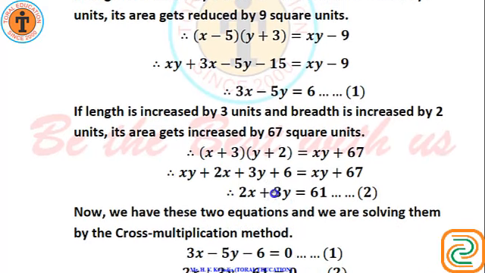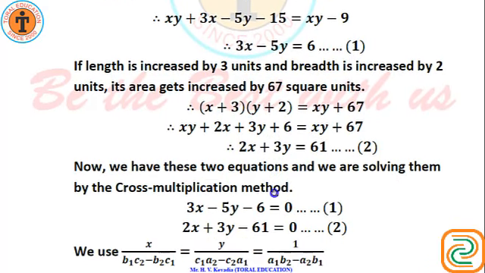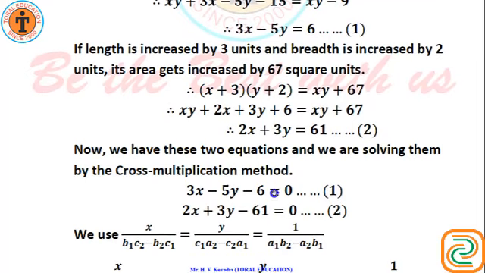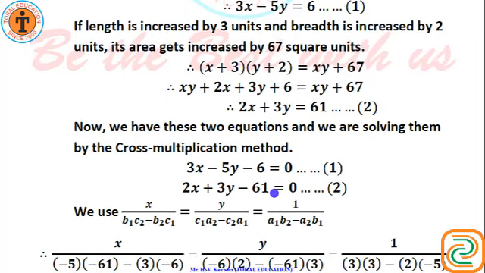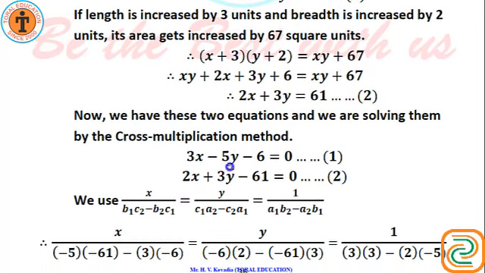The second condition is if the length is increased by 3 units and the breadth is increased by 2 units. Both increased. Its area gets increased by 67 square units.